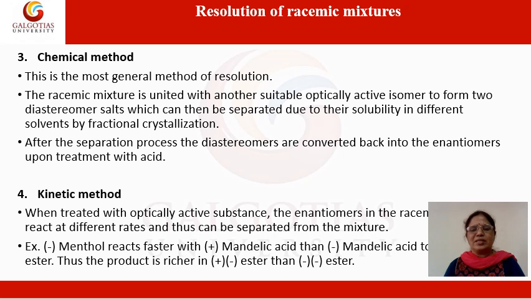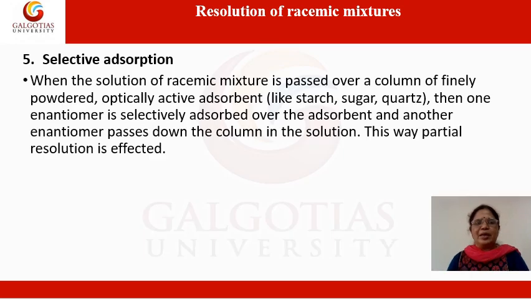In such a case, the dextro form of the mandelic ester will be formed faster than the levo form. Thus the product obtained will contain more dextro ester than levo ester, and after that it can be separated.